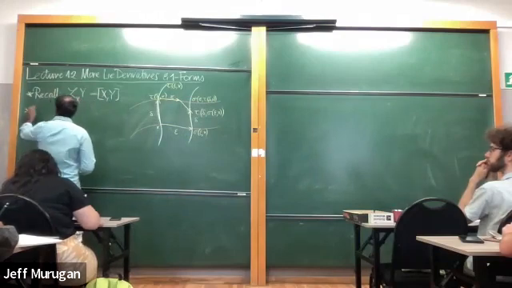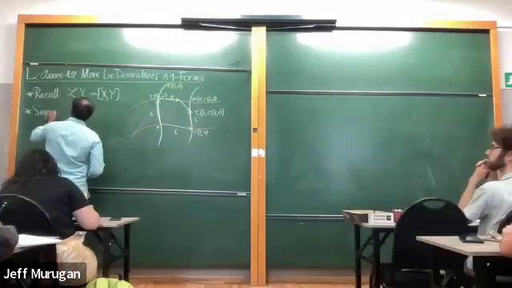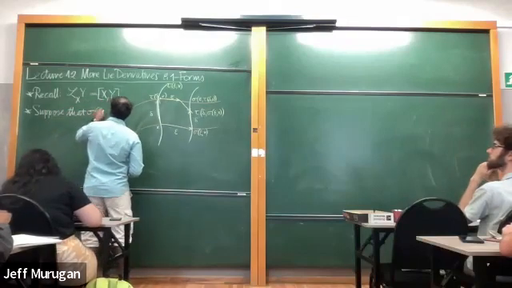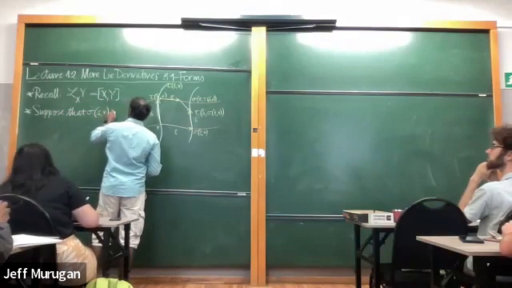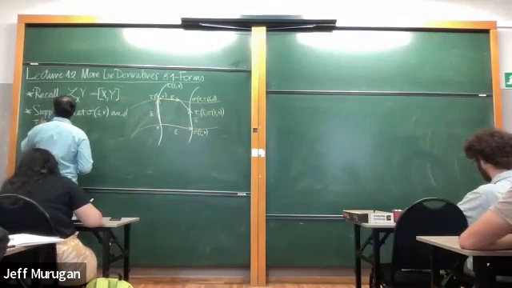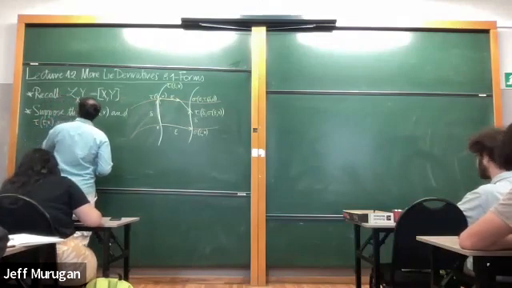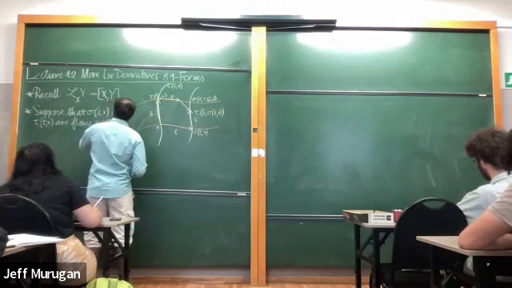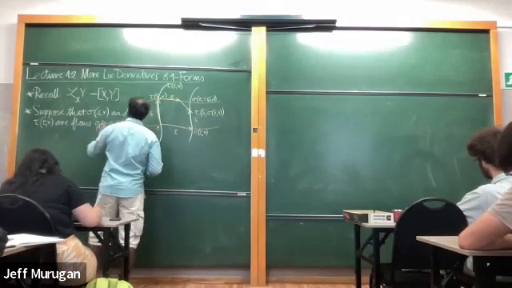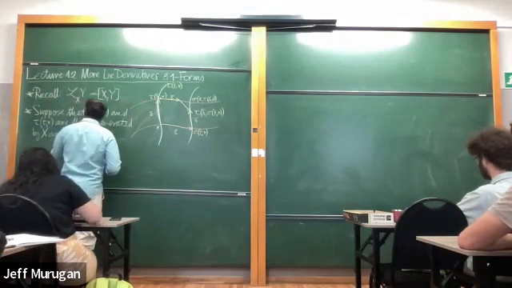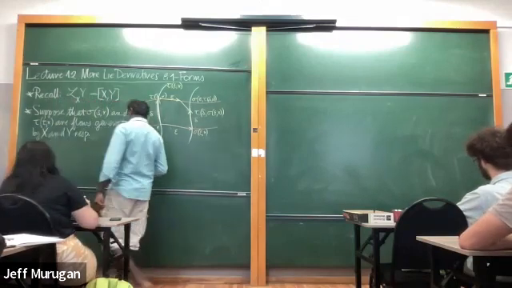Suppose that sigma of s and x and tau of t and x are flows generated by x and y respectively.